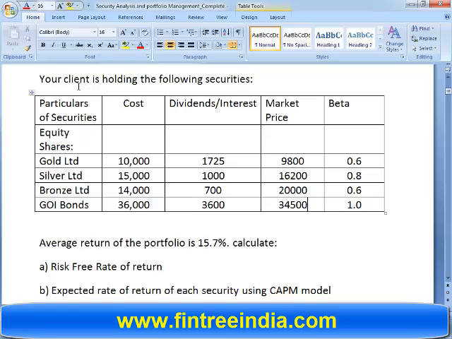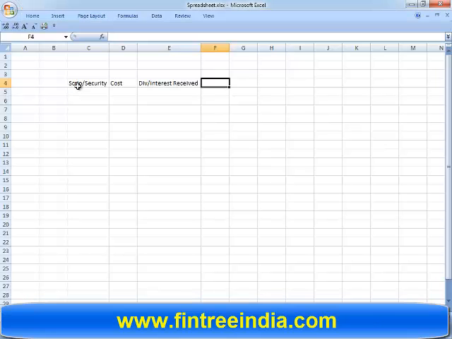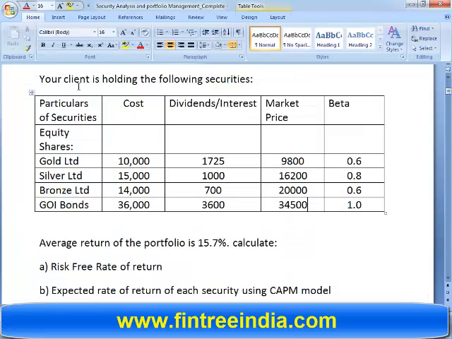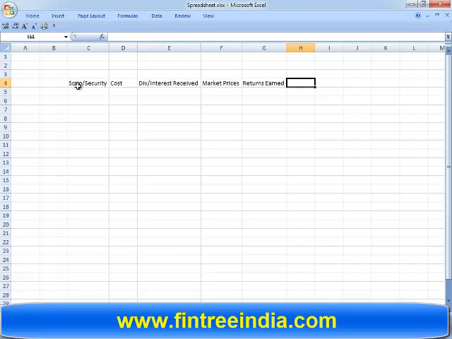Then what we would get is market price here, returns on, and then in this column we will say beta, weights and weighted beta.